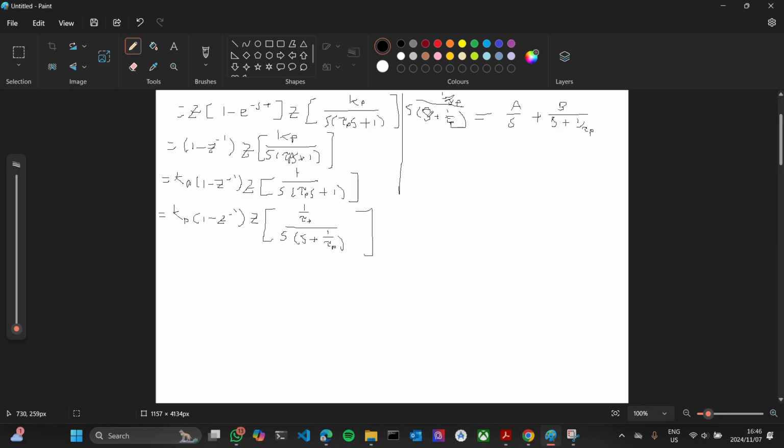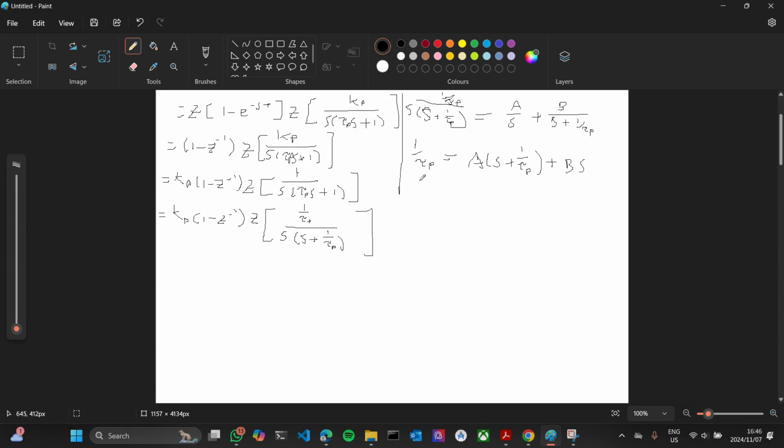Then simplify that, you'll have 1 over tau p equals A times (s plus 1 over tau p) plus B times s.